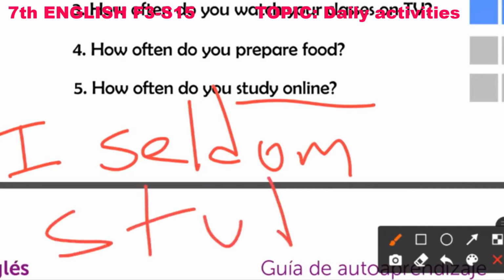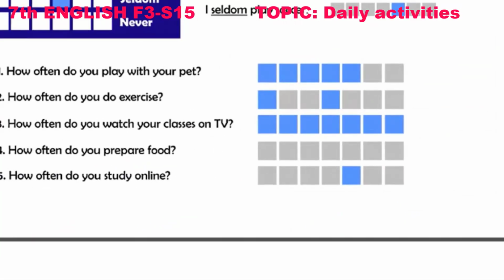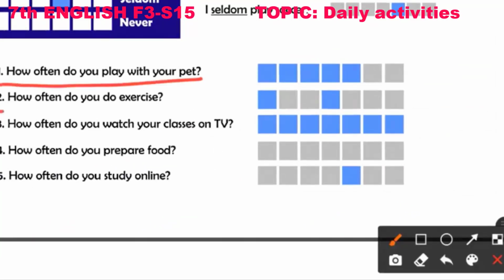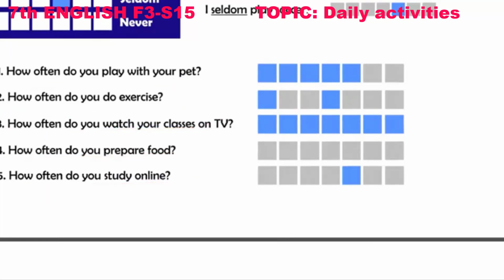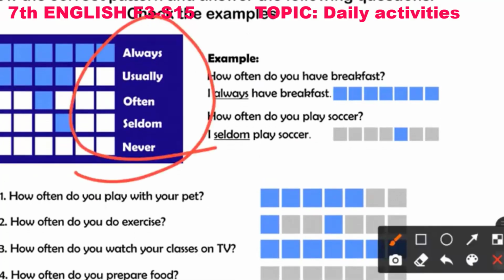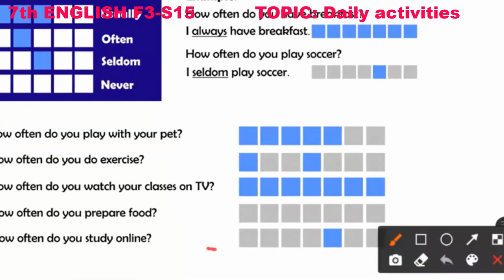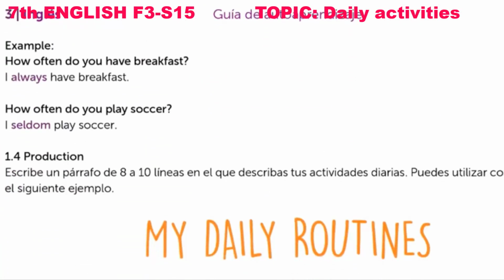I seldom study online. ¿Sí? So you have to answer. Tiene que responder estas preguntas in English. ¿Y cuál es el frequency adverb que va a usar? Cualquiera de los que están arriba, cualquiera de estos, these ones, basándose en el número de cuadros, de squares que están pintados, ¿ok? Now, let's continue.